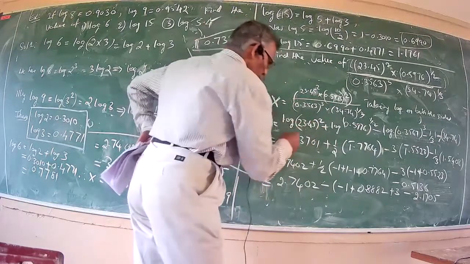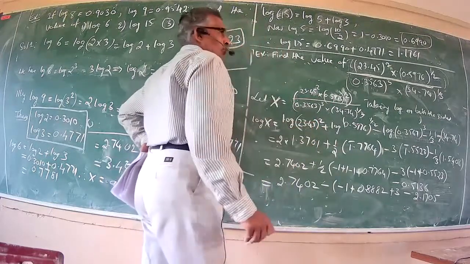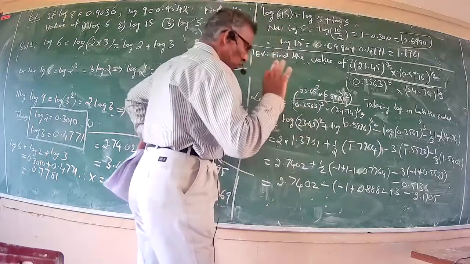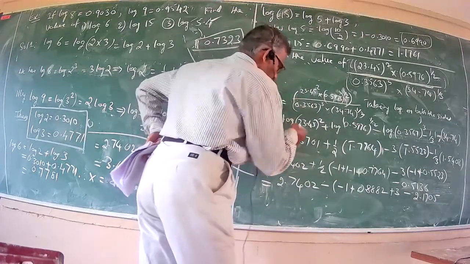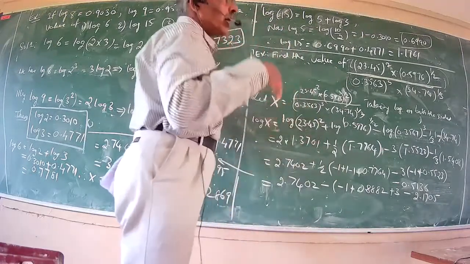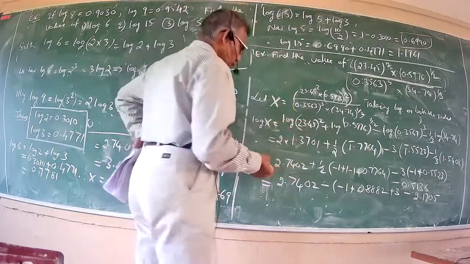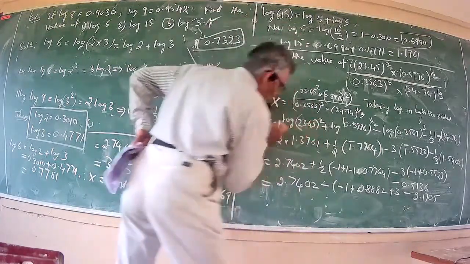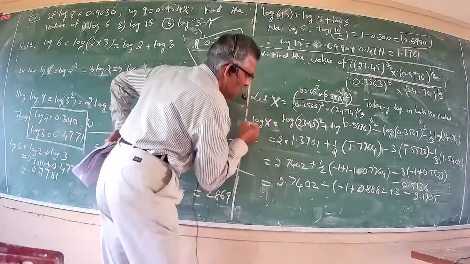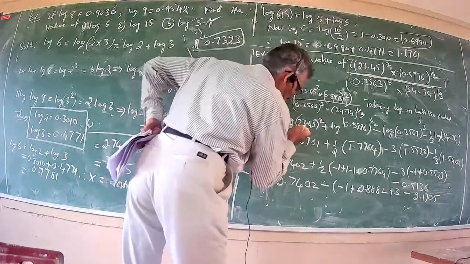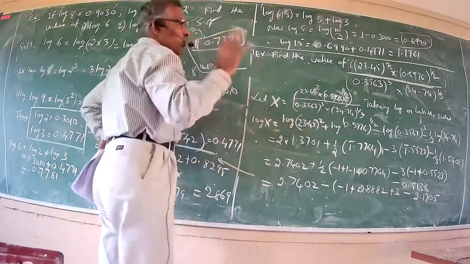Here, to find the logarithm value, there are two steps: first the characteristic part and then the mantissa part. What is the characteristic part here? Look before the decimal point: how many integers are there? Only 2 integers are there.